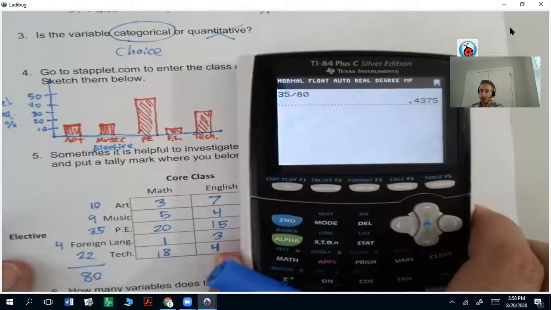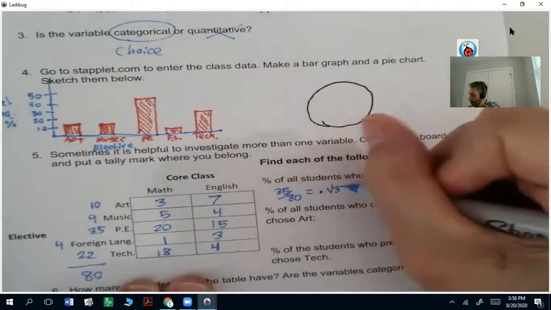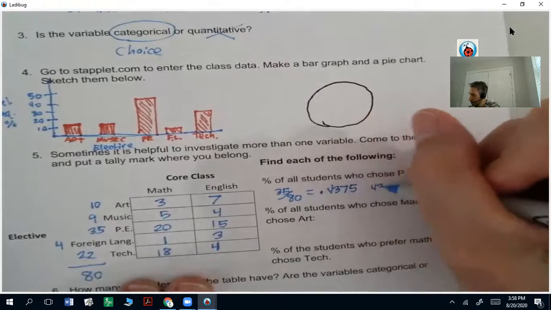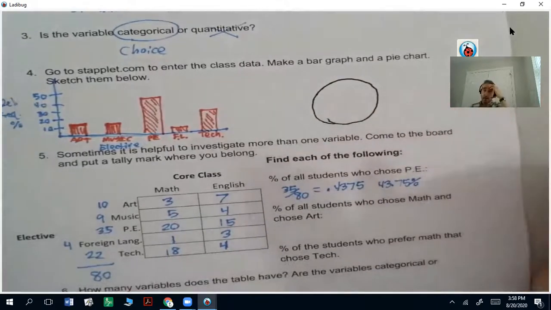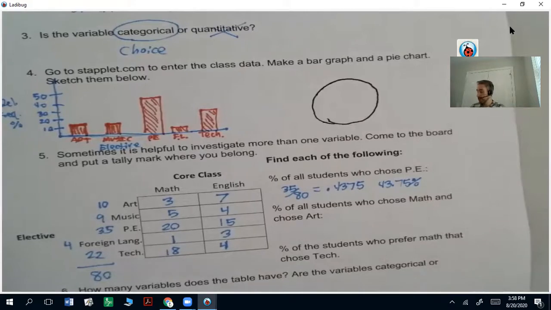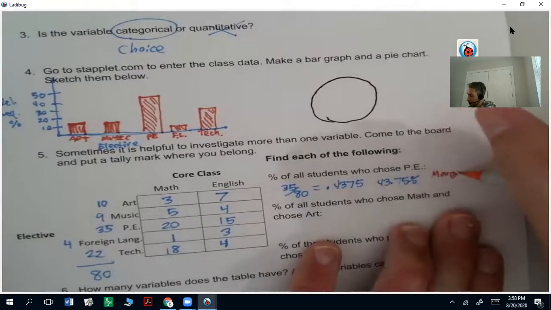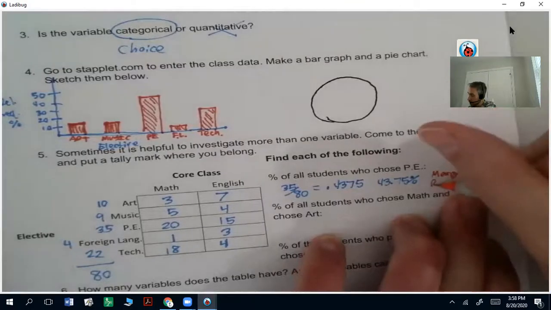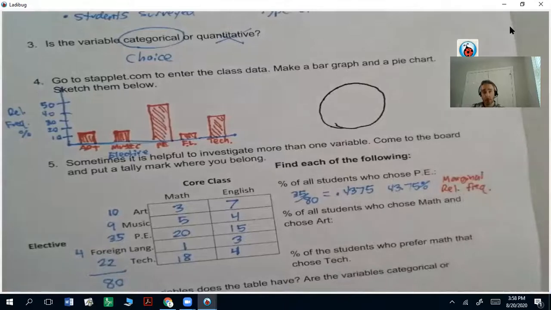So I would say 43.75%. Now that is what we call a marginal relative frequency. I'll talk more about that later, but we can write that down. Marginal relative frequency. Remember, frequency is counts, relative frequency is percents.